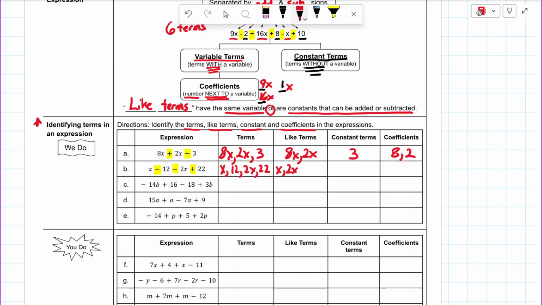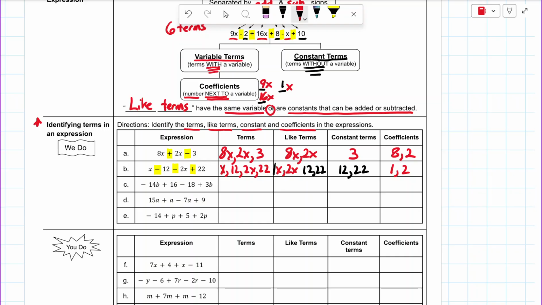And our other set of like terms are 12 and 22. So there are 2 different sets of like terms. Our constants, of course, are 12 and 22. And our coefficients are the numbers in front of the variables. This x has no number, so we learned up above that it is a 1. So our coefficients are 1 and 2.